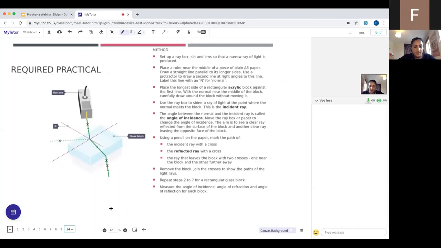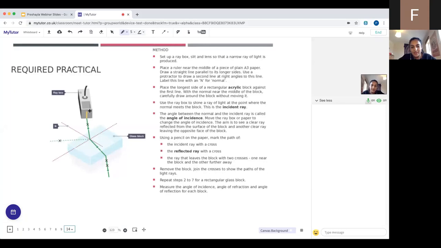So we have a ray box, which is basically a source of light. It's like a little bulb inside a box. The box is just there to contain the light, and then we put a narrow slit. So it's a metal square with a narrow slit cut out of it, which goes in front of the ray box.